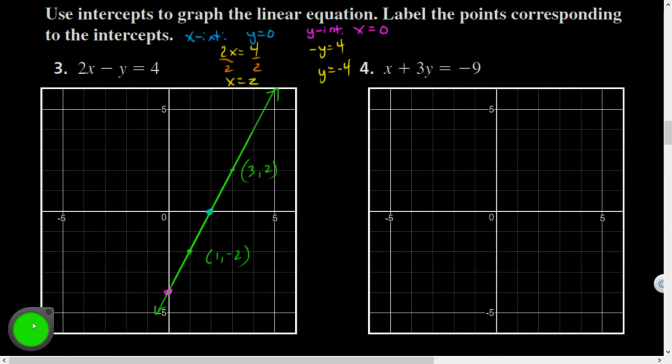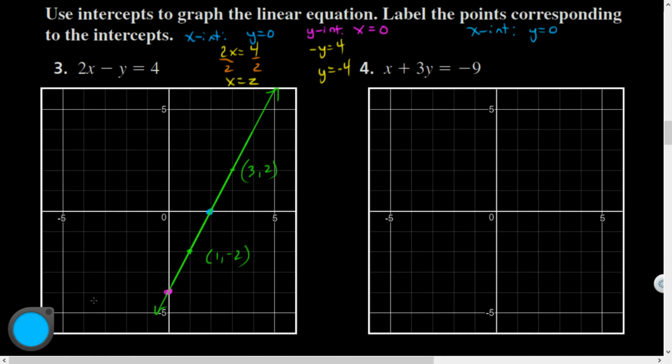All right, let's see. Jimmy, could you help me find the x-intercept? What would I do to find the x-intercept on this one? What would I plug 0 in for? I would plug 0 in for the y. So I'd have 3 times 0 is 0.